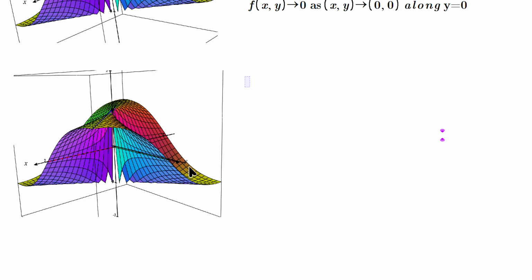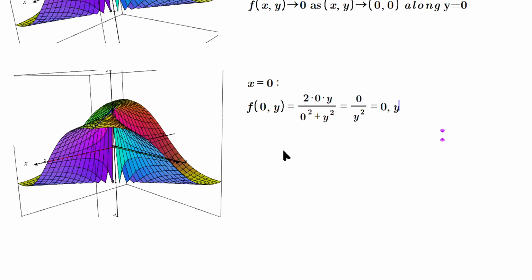Let's also do one where we travel along the y-axis, where I'm drawing, towards the origin. So we're going to say x is equal to 0 along the y-axis, and then f of x comma y. So now because x is 0, put 0 in this position, and this is going to be 2 times 0 times y over 0 squared plus y squared. And this is going to give you numerator 0 and the denominator y squared, but that's just 0.